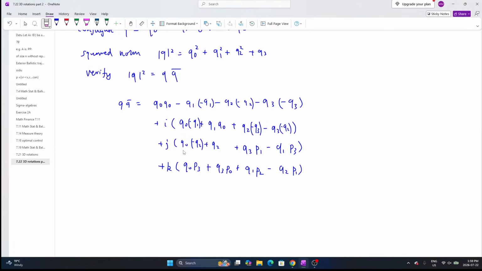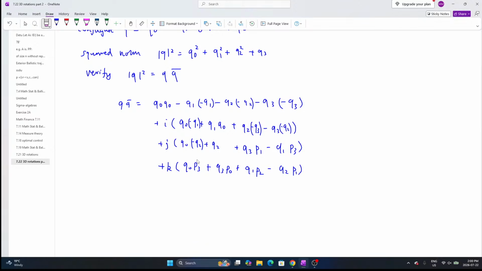I wrote Q0 times P2, and P2 gets swapped to minus Q2, and Q2P0, where P0 is minus P0. Each of i, j, k rotates independently. Anyway, we'll get into the rotation soon.